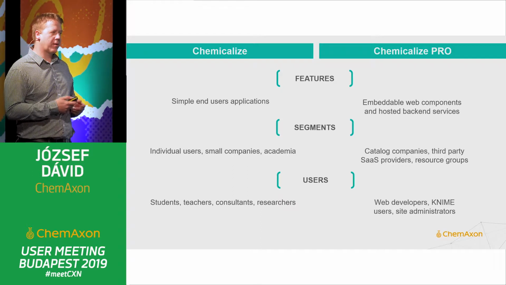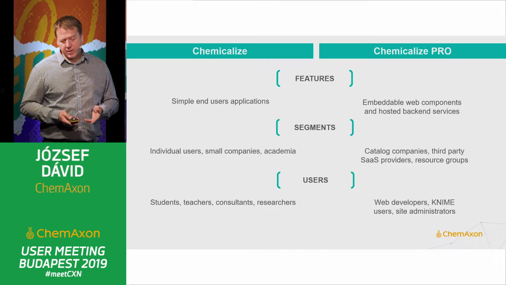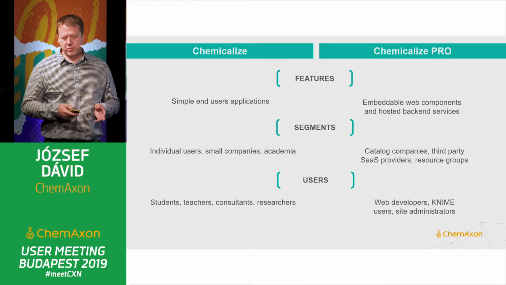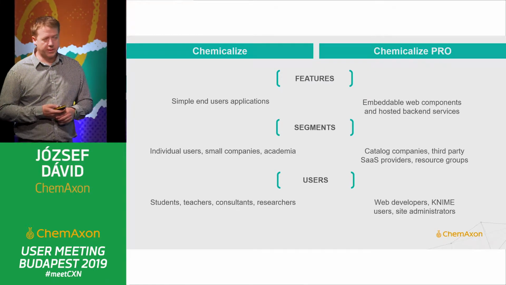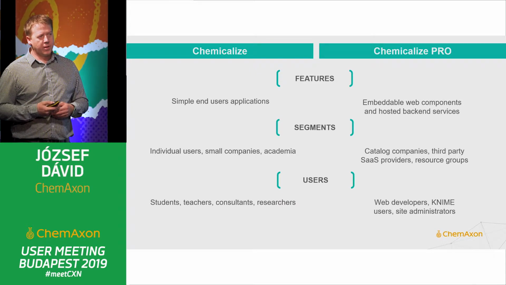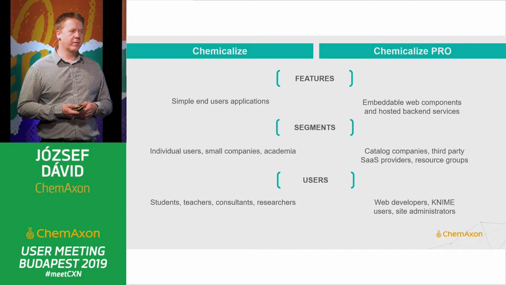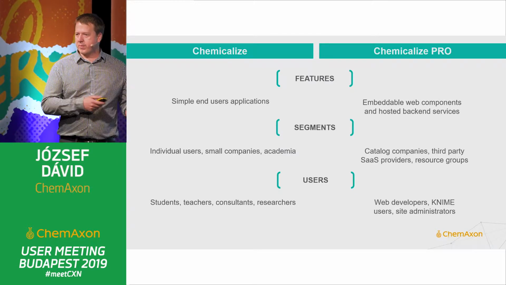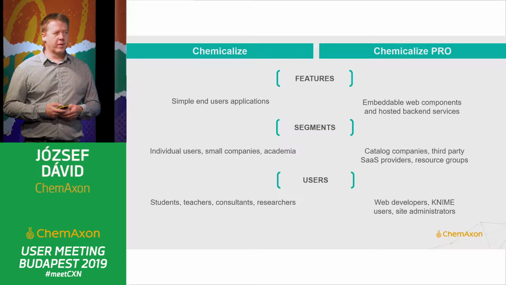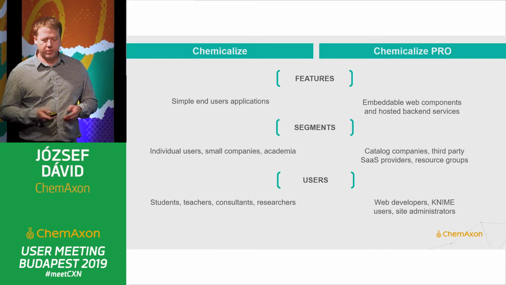So with the Chemicalize, we rather aim at academia, individuals, consultants, maybe, and most users are coming from this segment. While the Chemicalize Pro is rather for catalog companies, for instance, integrators, other service providers, and the users are rather developers or integrators.